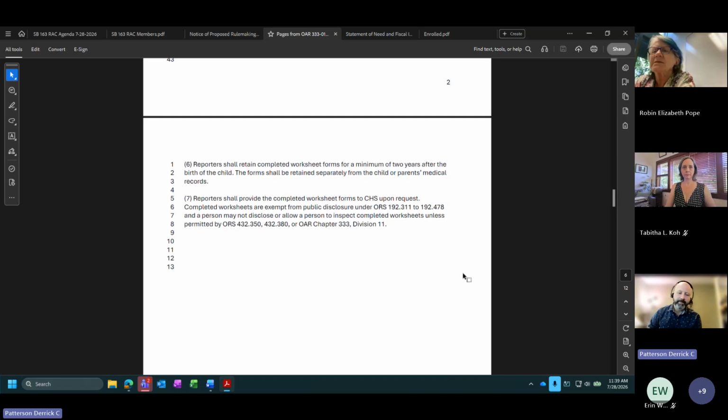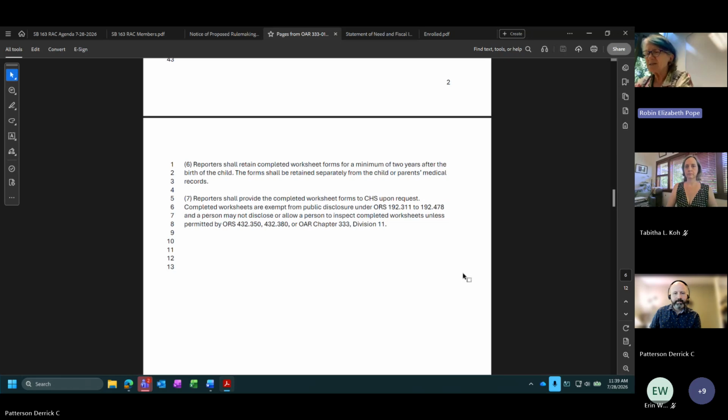Robin: It actually goes back up to 6, sorry. Retaining the forms for a minimum of 2 years, and I think about who are the reporters. I totally don't disagree with this at all, but we don't have a similar requirement under 0276. So the reporter there does not have to maintain the completed worksheet forms for any length of time, presumably, because there's nothing in 0276 requiring that.